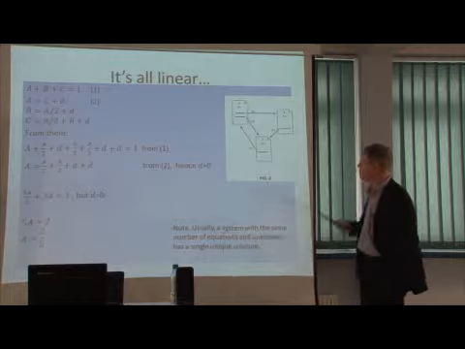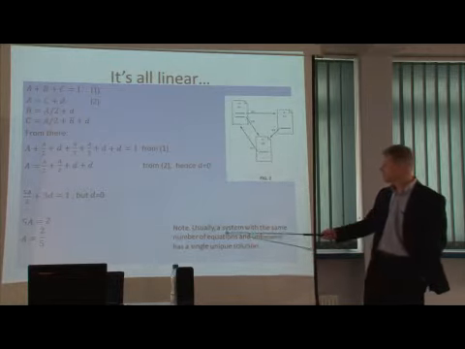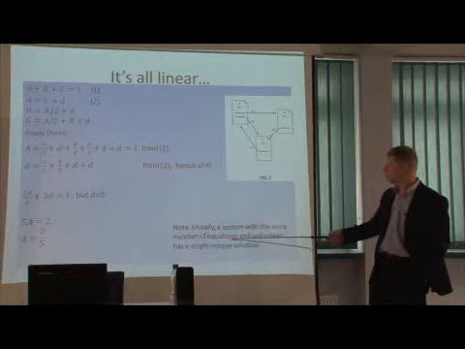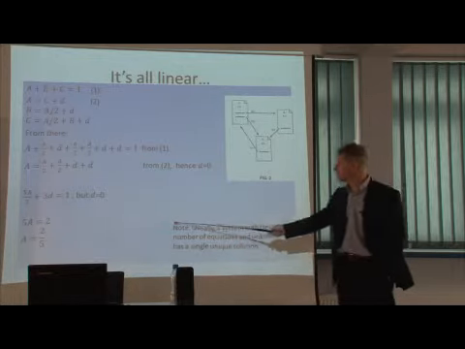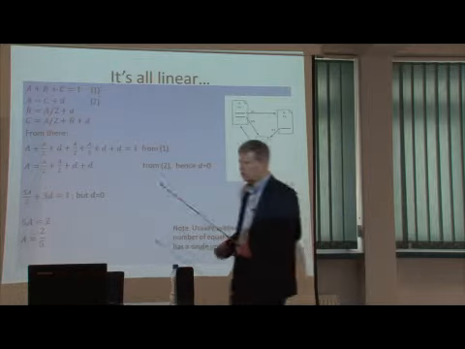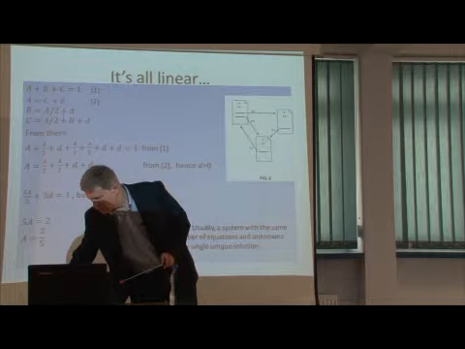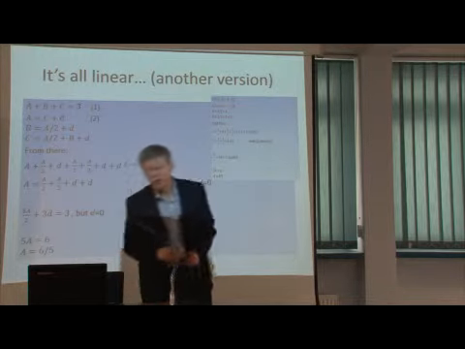Typically in a system like that, if it doesn't have self-looping, we will get a system of equations with the same number of unknowns as equations, and such systems typically have unique solutions. So we can find ranks of simple graphs like that relatively easily just by solving linear equations.